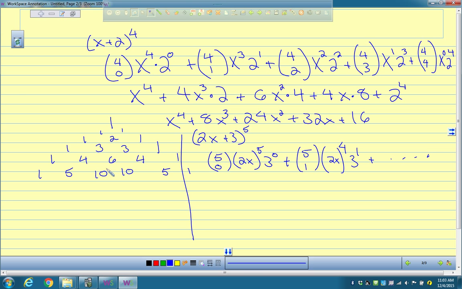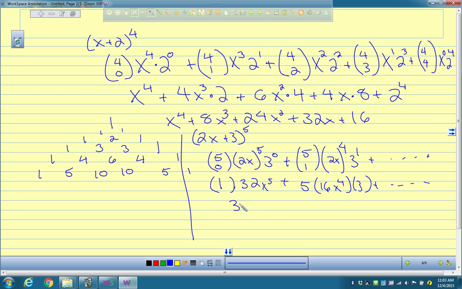So this ends up being 1 times 2x to the 5th. You do have to raise 2 to the 5th, which is 32, so 32x to the 5th, 3 to the 0 is 1, plus, that would be 5 times 2 to the 4th, which is 16, x to the 4th times 3, plus the next 4 more terms.